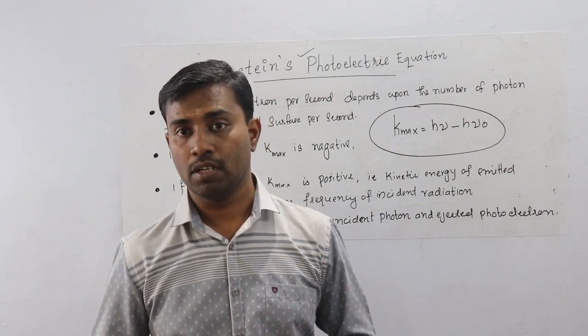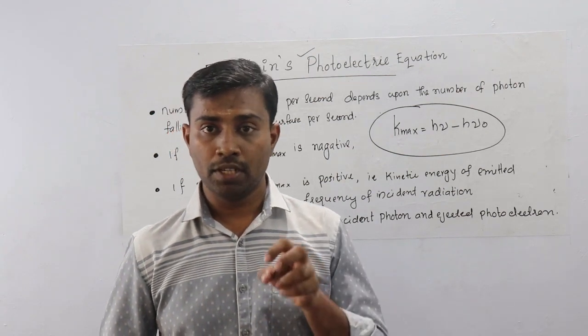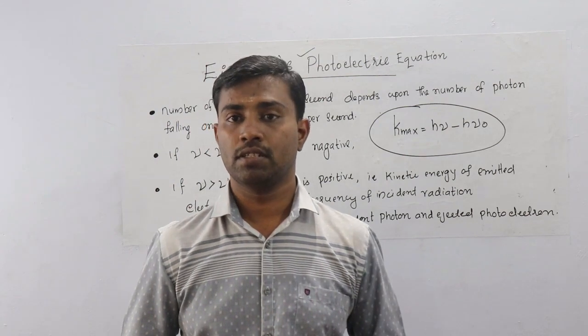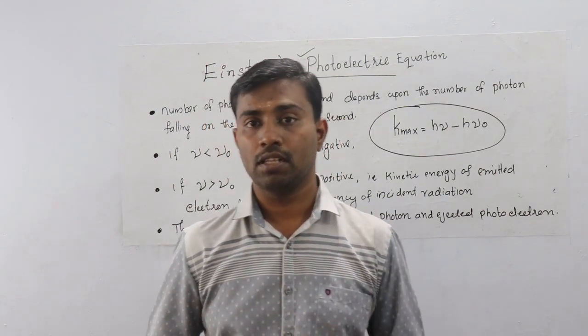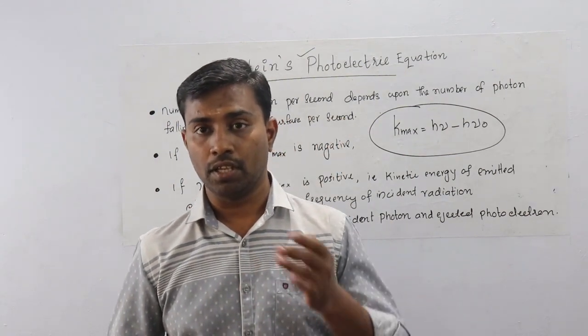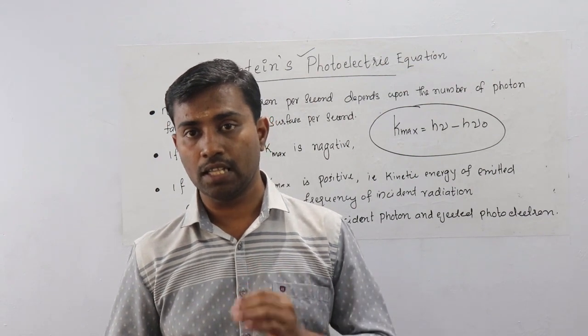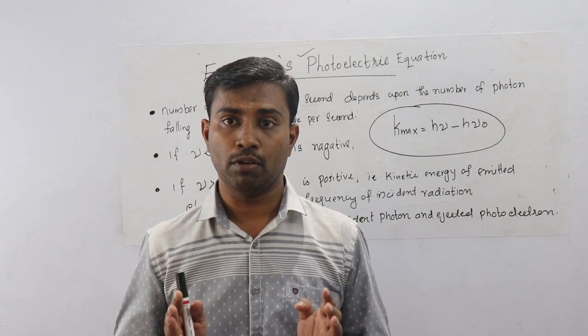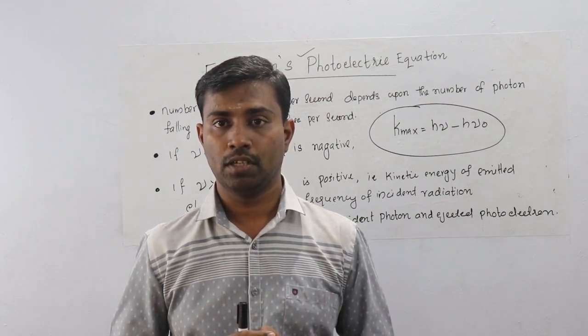And the second point is that a minimum frequency is required to remove an electron from the metal surface. That minimum frequency is called the threshold frequency. If the frequency of incident radiation is less than the threshold frequency, there is no emission of photoelectrons. Clear?